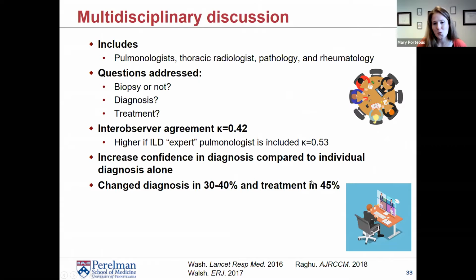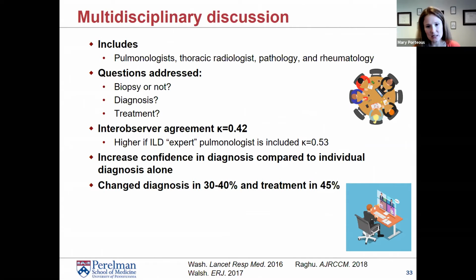This is definitely better than doing this on your own, meaning having a group discussion, but the inter-observer agreement in diagnosis is still only a kappa score of about 0.42. It's higher if there's an ILD expert pulmonologist included, where the kappa score, basically agreement in the diagnosis, increases to 0.53.